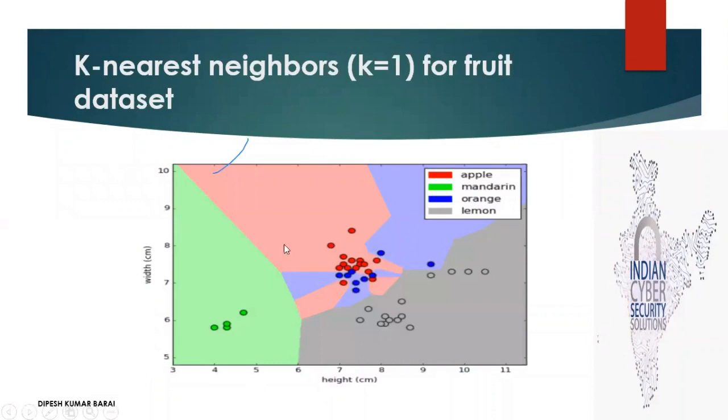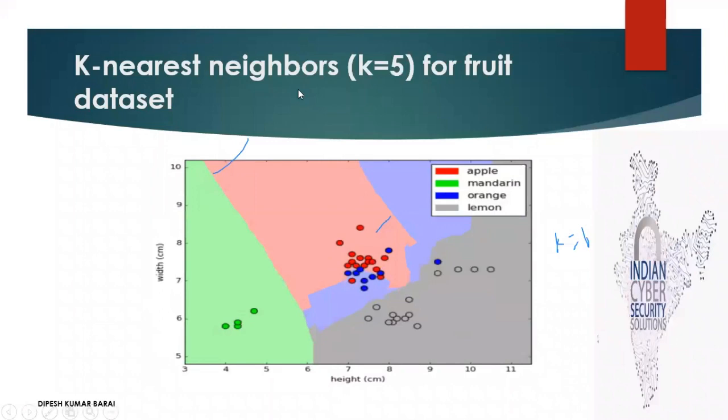Now, if we compare the decision boundary, first, this is the decision boundary when I have taken k equal to 1. Now, if we change the value to k equal to 5, then the decision boundary also changes. Means if we put any data point over here, suppose there is a new data point, and if you take the 5 nearest data points, 1, 2, 3, 4, 5, if you draw a circle, then you can see most of the points under the loop are gray.